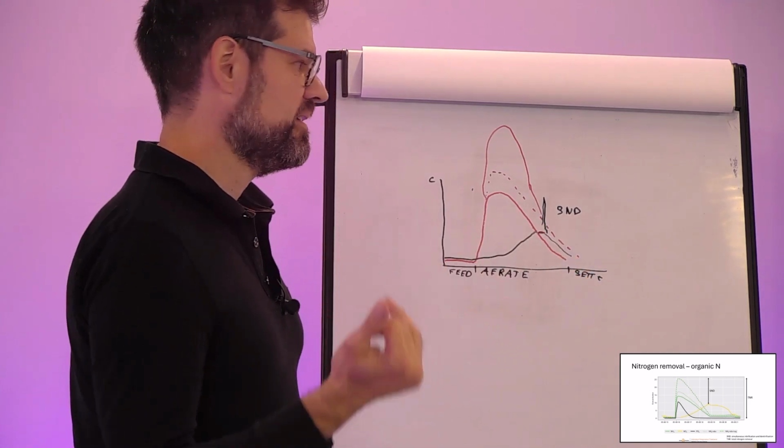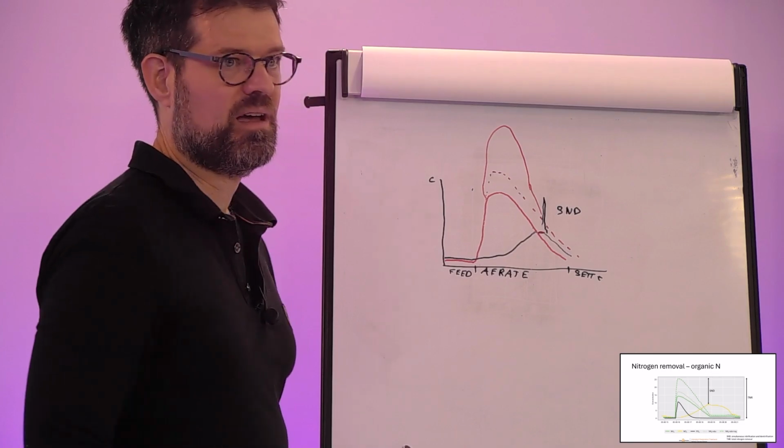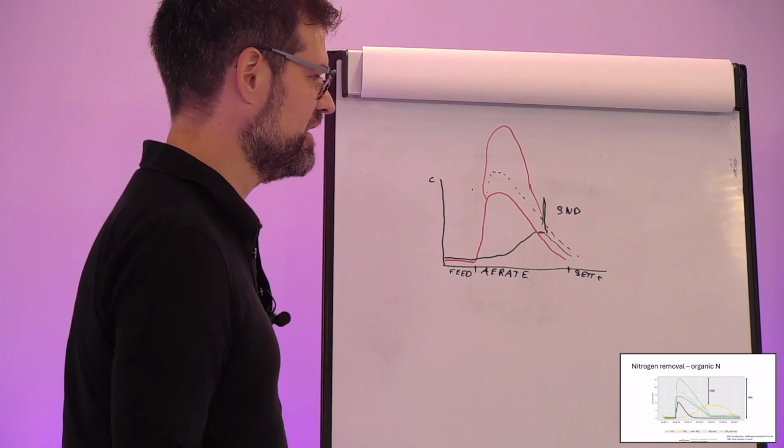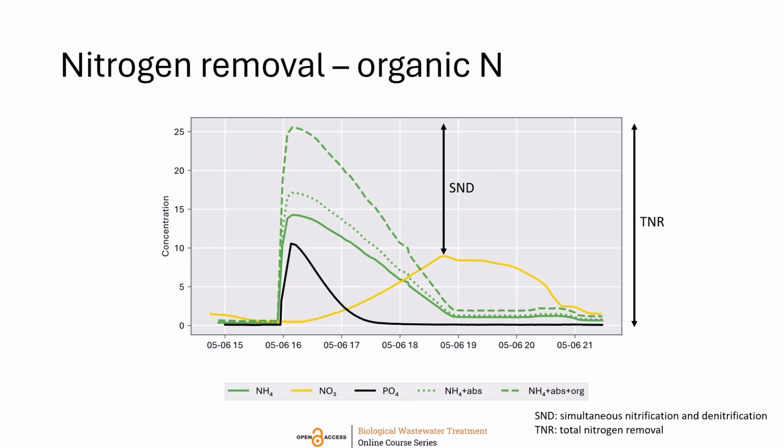That is quite a bit, and in the example in the presentation, in this batch we remove roughly 20 milligrams per liter, or even a little bit more, from the wastewater. And there kind of is the problem we are dealing with here.